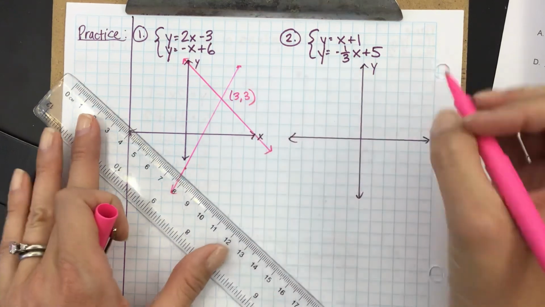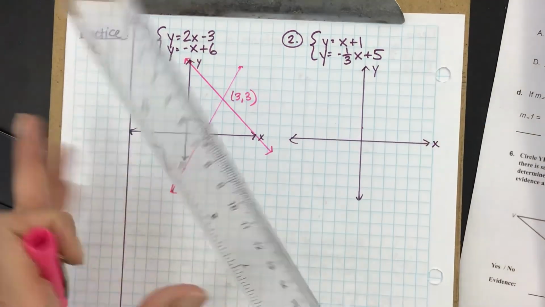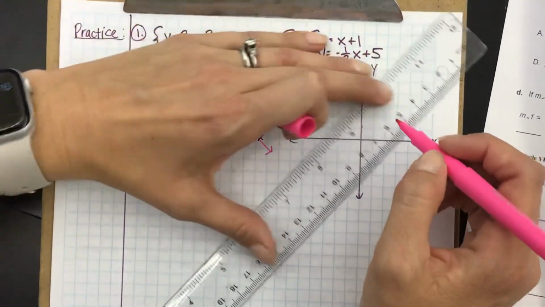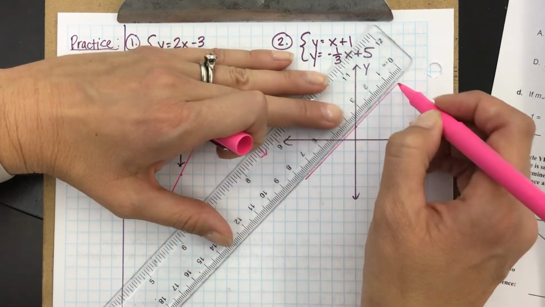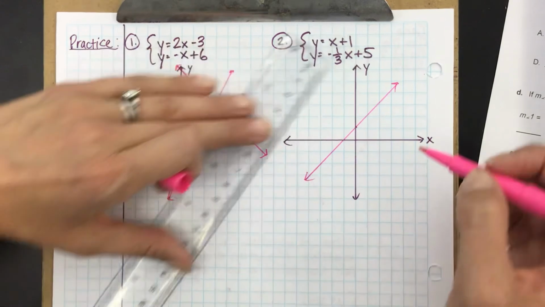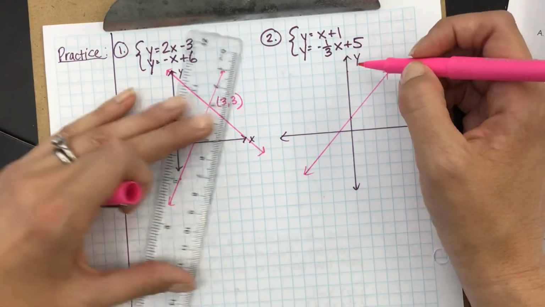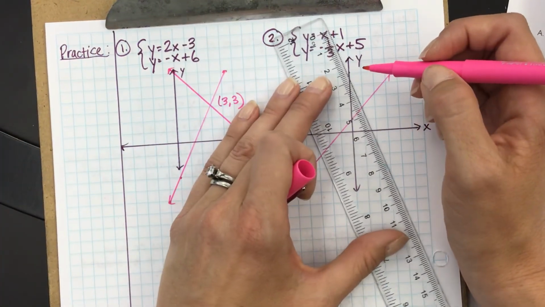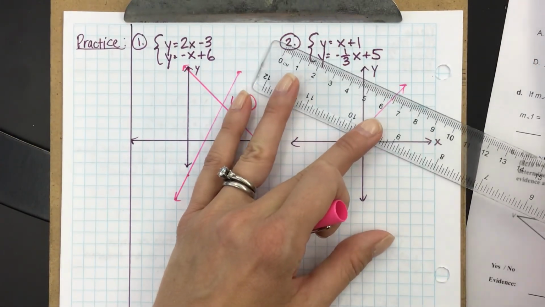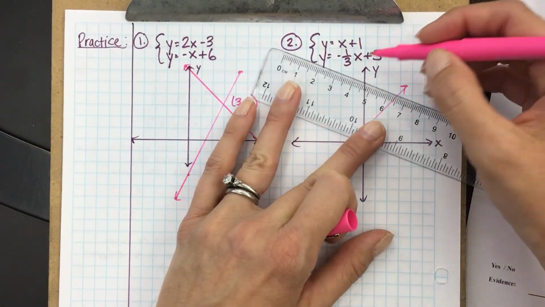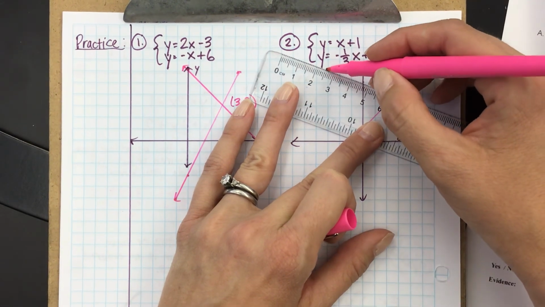The good news is it seems like graphing seems to be clicking for you guys because I walked around and your graphs look awesome. Okay, and that second one you should have gotten the (0, 4).